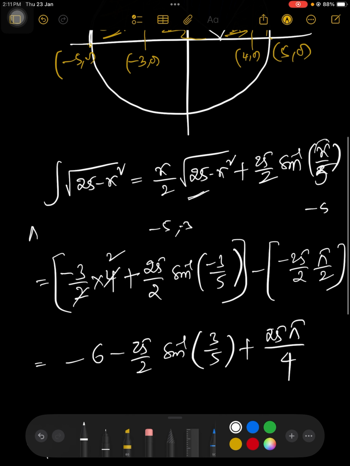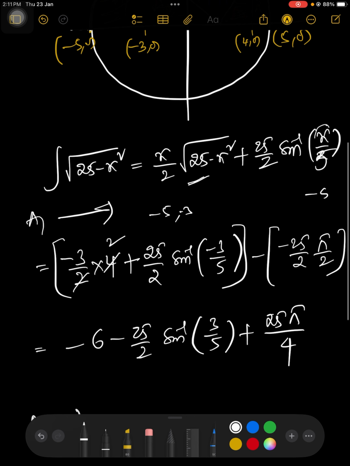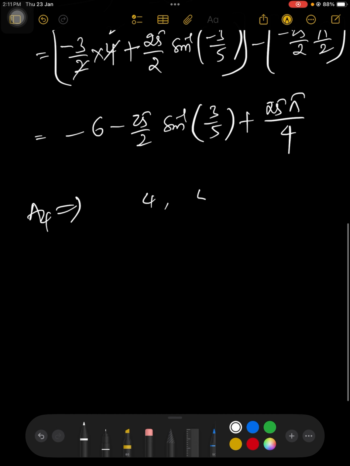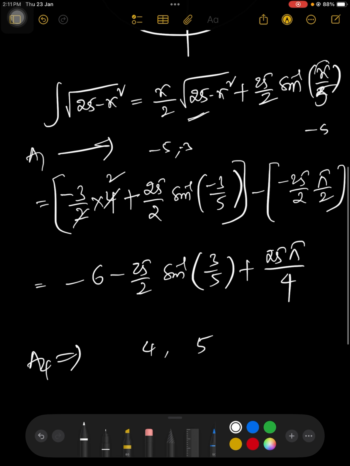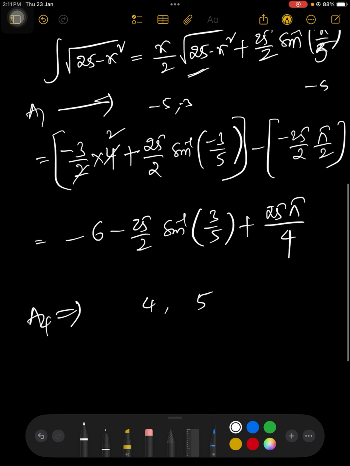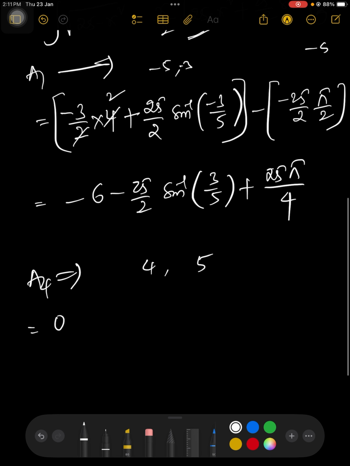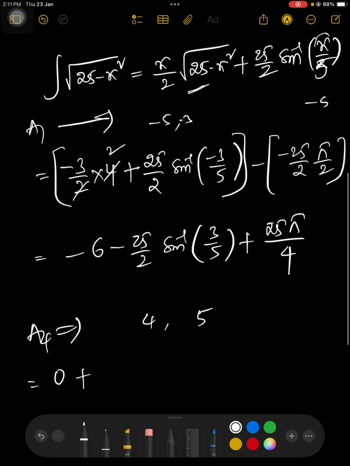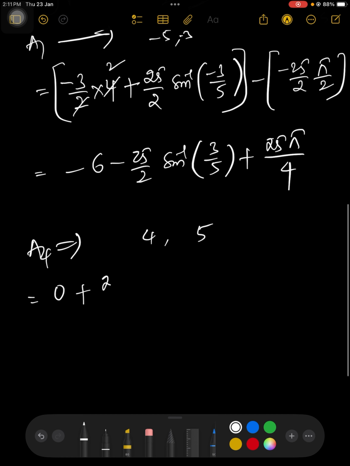To find A4, the boundaries are from 4 to 5. Now coming to the upper boundary, if you substitute 5, the first part will become 0, and moving on to the second part, sine inverse of 5 by 5 is 1, so pi by 2. So this is 25 by 2 into pi by 2 we will get.